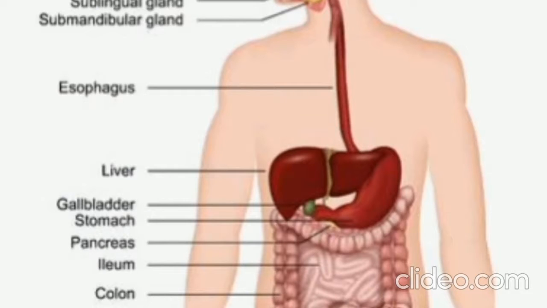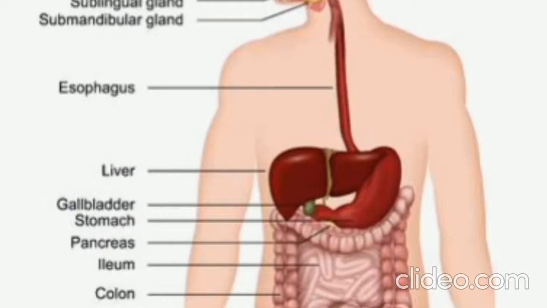One is the liver and the other is the pancreas. The liver also secretes many enzymes which help in breaking down protein, fats, lipids, amylase, everything. They secrete amylase also, which acts on carbohydrates, and the liver will secrete bile juice which helps in the digestion of proteins and lipids.